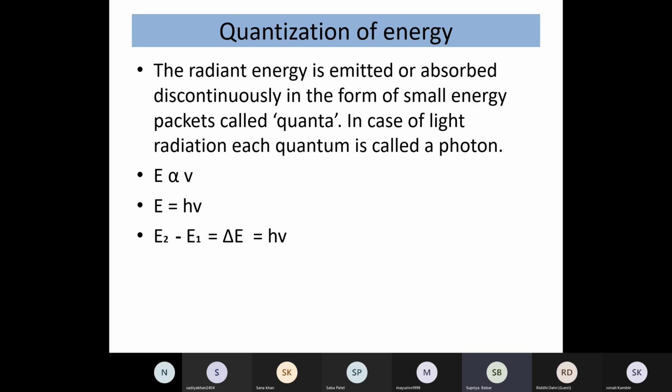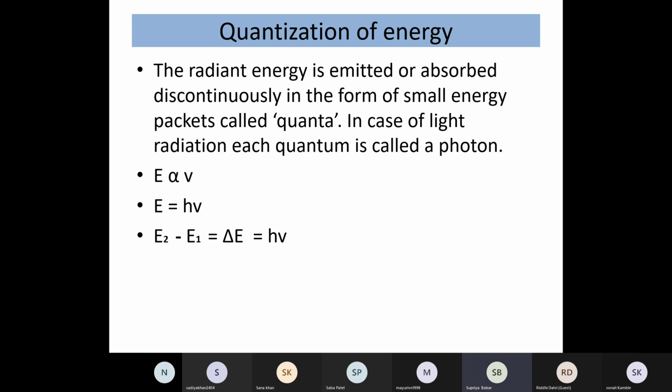And when we write only ν, that is a frequency. There is a difference between the wave number and the frequency. Frequency is the number of complete cycles per second, and the wave number is the number of waves per centimeter in vacuum.